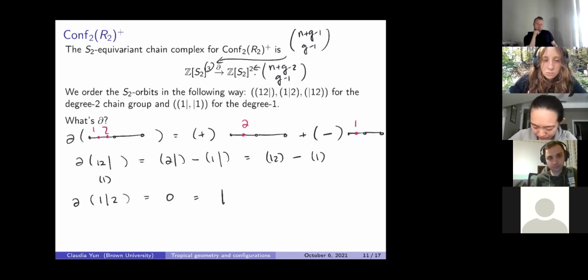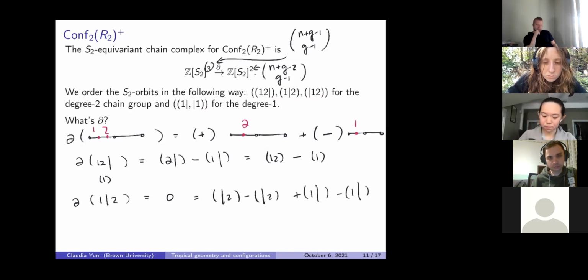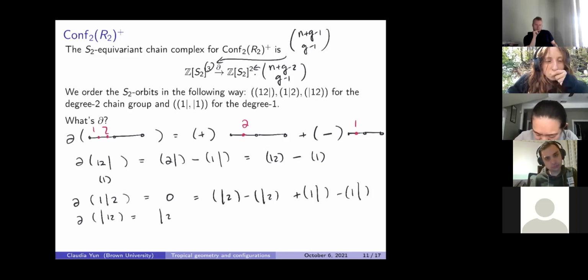So this is bar 2 minus bar 2 for the first arc, plus 1 bar minus 1 bar for the second arc. And finally, del of bar 1, 2 is going to be bar 2 minus bar 1. And in permutation notation, this is going to be 1, 2 minus 1 again.